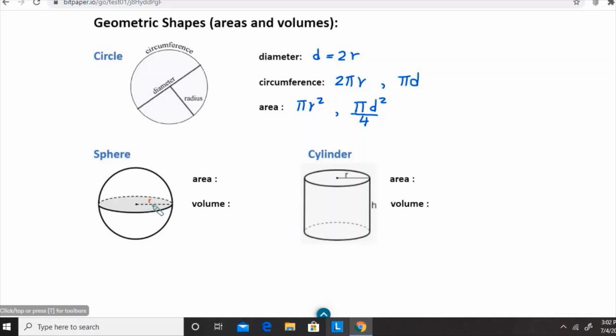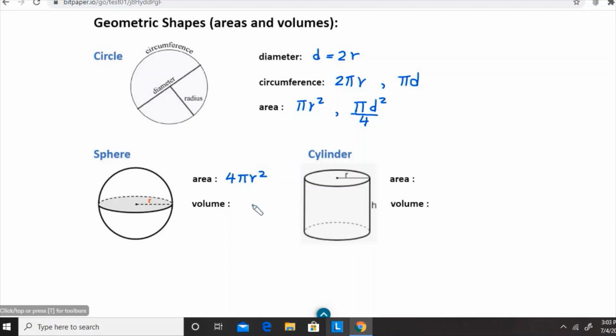Again, the radius of the sphere is given as r. In that case, it would be 4 pi r squared. Okay, again, try to write this in terms of the diameter. Sometimes instead of giving the radius, one could give the diameter. So you should be able to write all these quantities in terms of radius and in terms of the diameter.